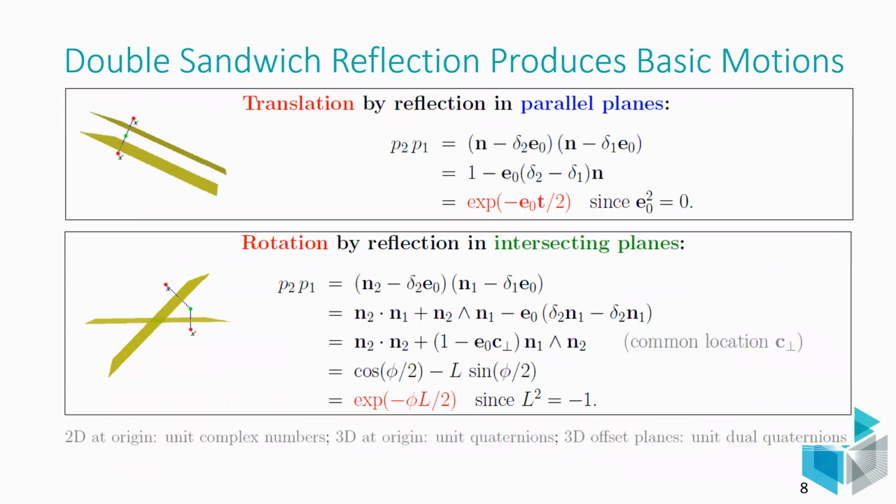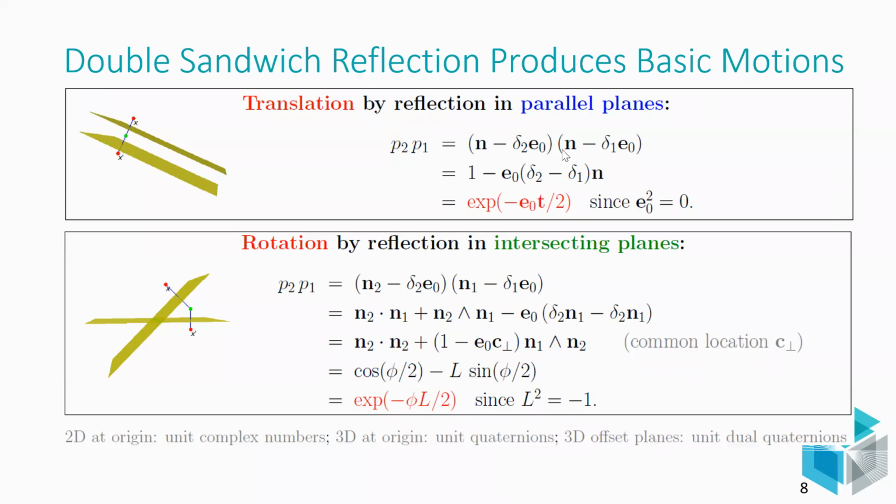Does it work? Well, if it should work, then we should have that if I have P1 and P2, so a reflection in this first plane and then a reflection in the second plane, together should form an operator that acts like a translation.